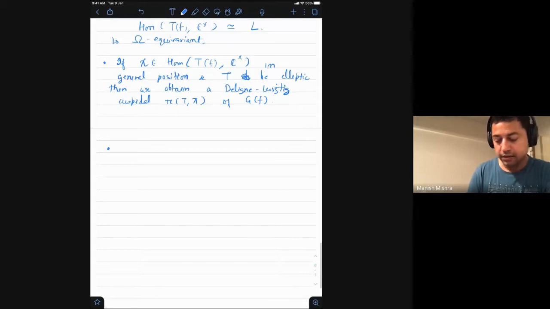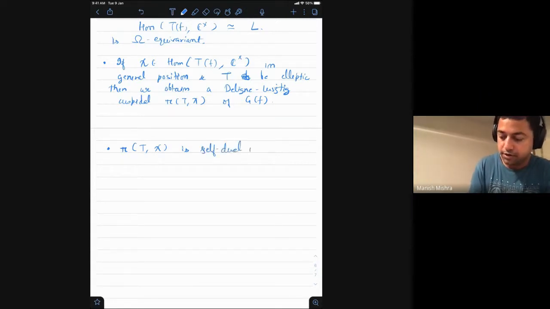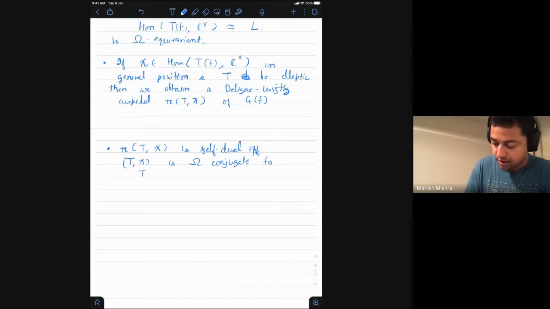And in any of those books, like in Michel, you will find this fact that this Deligne-Lusztig cuspidal is self-dual if and only if (T, chi) is omega conjugate to (T, chi inverse).